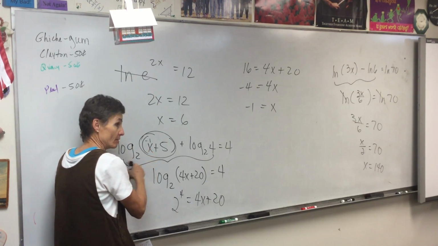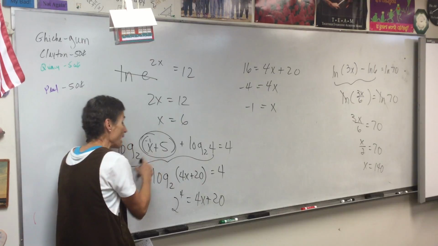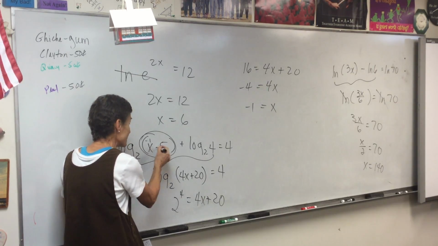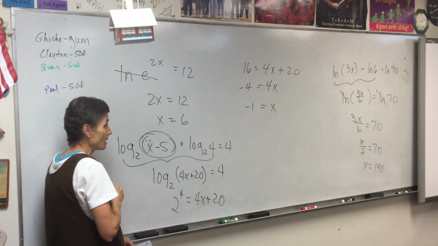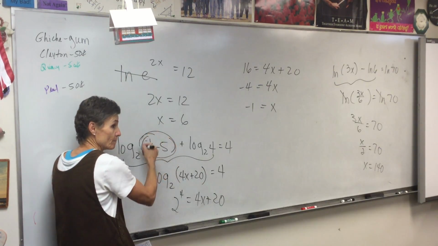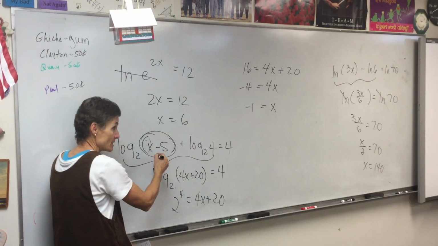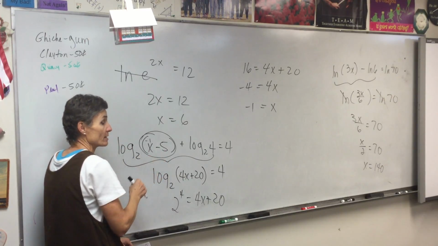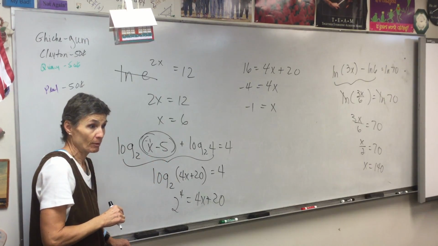And I can take the log of 4. Now, if this had been x minus 5, then that would be an extraneous root. Because what would this equal? Negative 6, and you can't take the logarithm of a negative number.